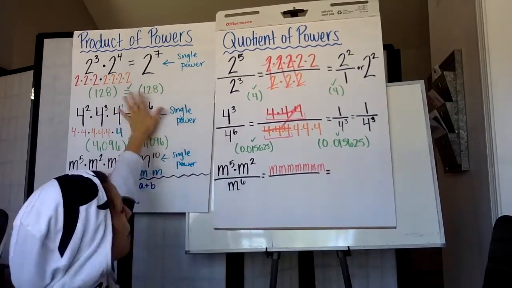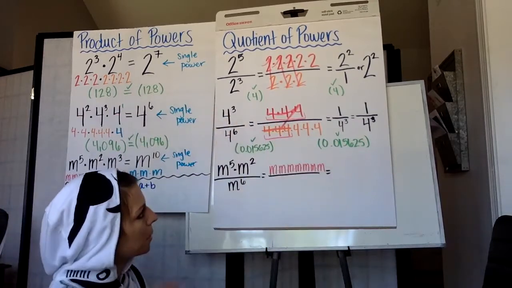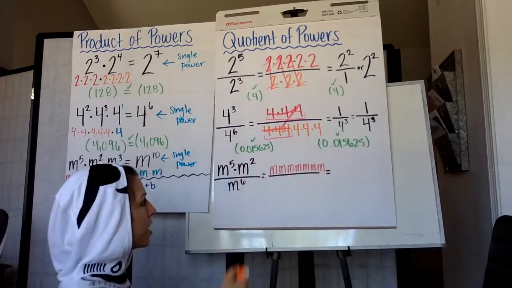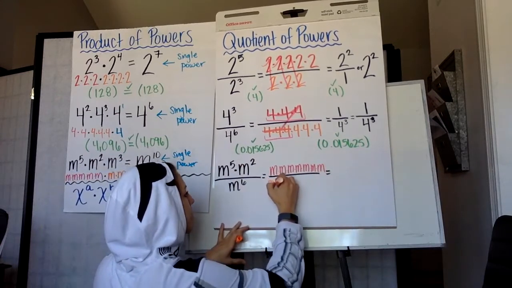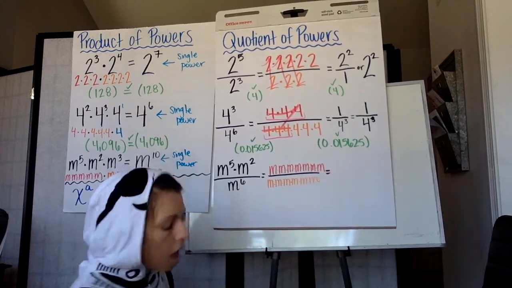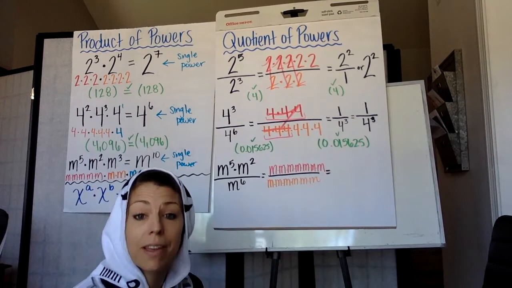Look, I just applied a property while learning about another property. Crazy, right? So I've got 7 m's in the numerator, and I've got 6 m's in the denominator: 1, 2, 3, 4, 5, 6. What do they have in common?